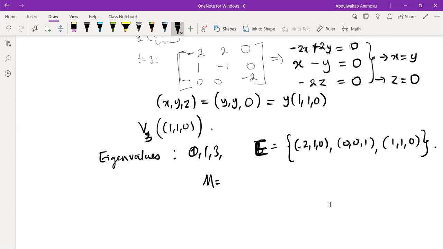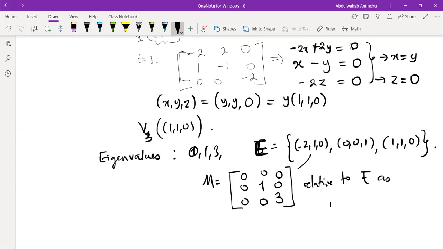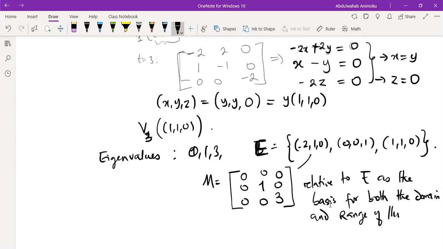Now, what this means is that for the transformation under consideration, the matrix of transformation can now be written like this, where the diagonals are the eigenvalues and everything else would be 0, relative to E as the basis for both the domain and range of this transformation.